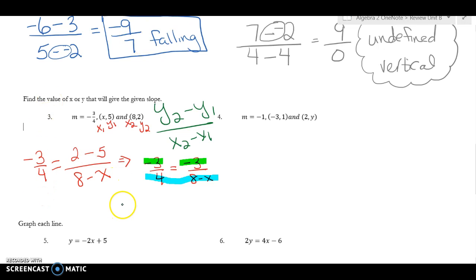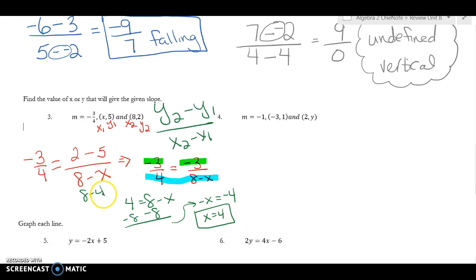So my equation is 4 equals 8 minus x. I'm going to subtract 8 on both sides, and I get negative x is equal to negative 4. So my x value is 4. And if I plug it in here, 8 minus 4 does give me 4, which I was supposed to get here. So we did it right.